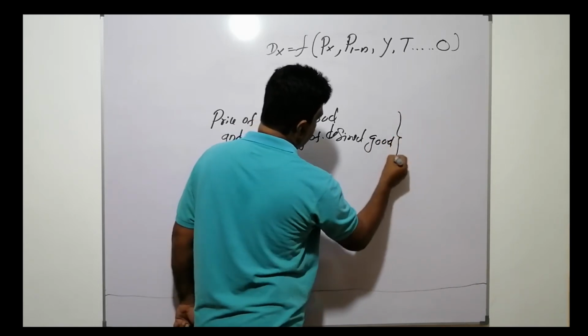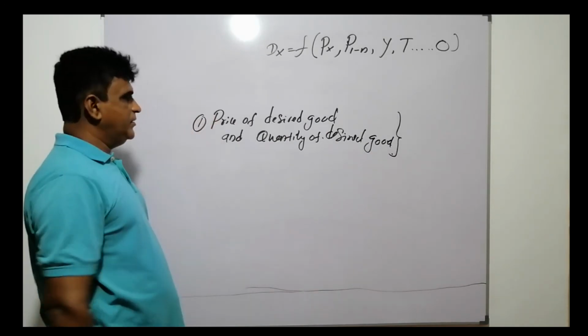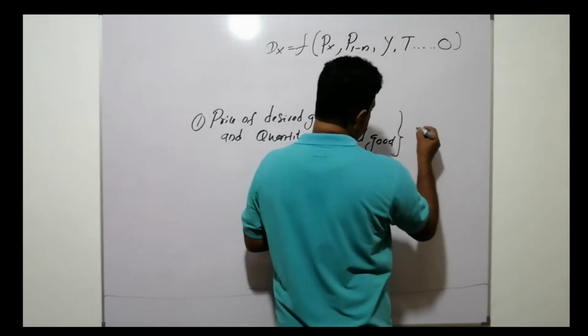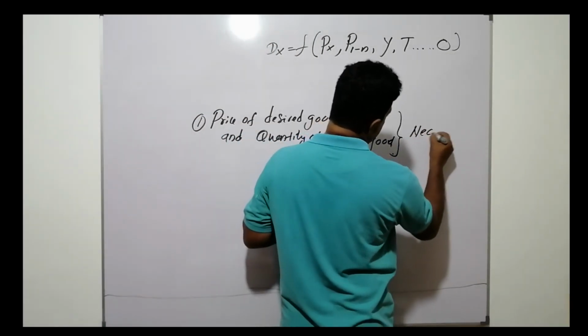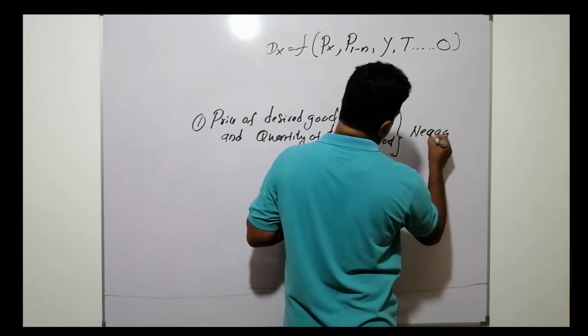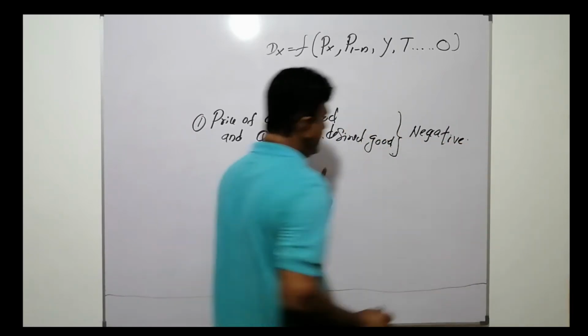This is one combination. Right? This is combination 1. In this combination, the relationship is negative. It is a negative relationship.